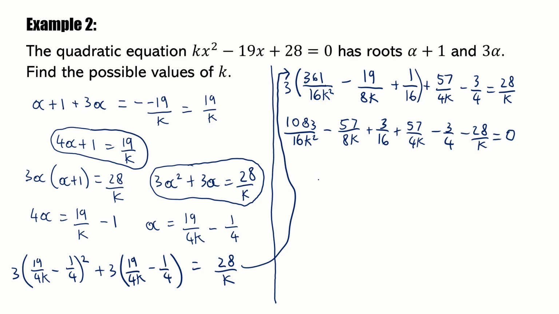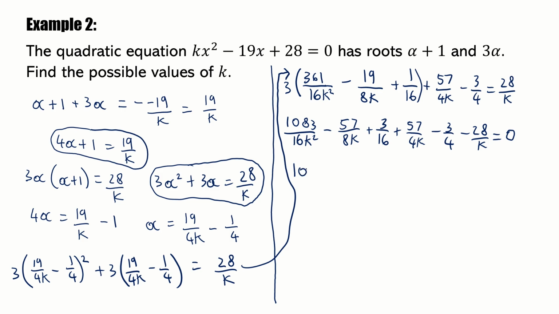This looks really horrible, and you could choose to just gather this stuff together at this stage, whatever suits you, but I am going to multiply both sides by 16k squared, partly because I'm going to want to multiply both sides by k squared to turn it into an ordinary quadratic anyway, but also if I times everything by 16, I don't have to deal with horrible fractions anymore.